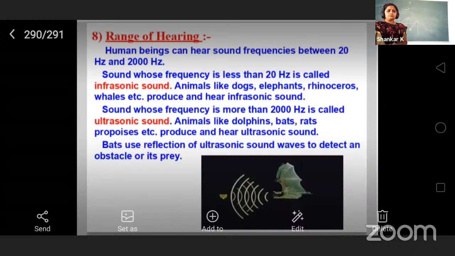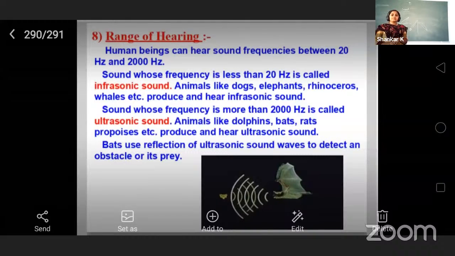Say yes or no. Yes, ma'am. So the sound also has a limit. We say that limit to hear, correct? It has a distance to listen, right?